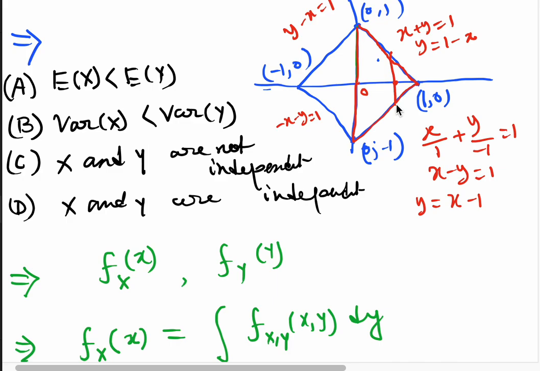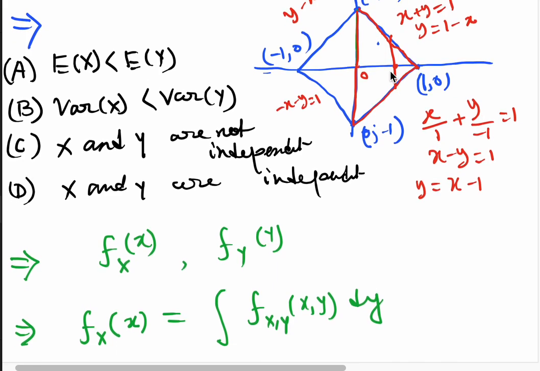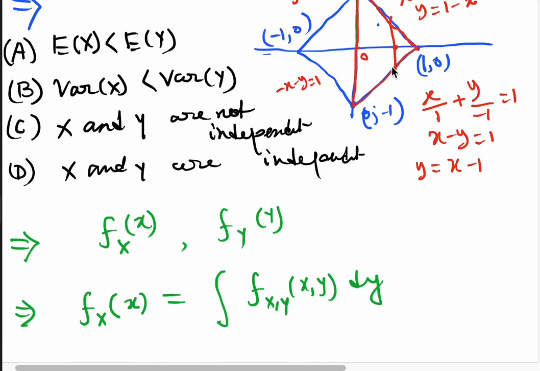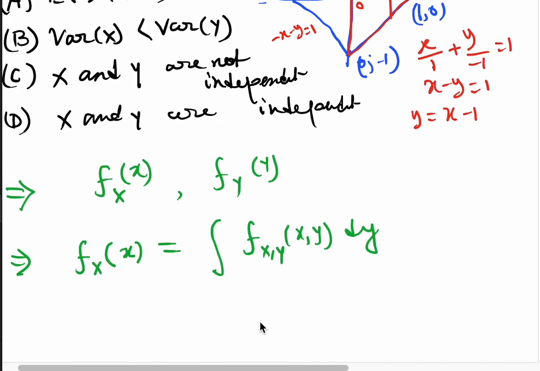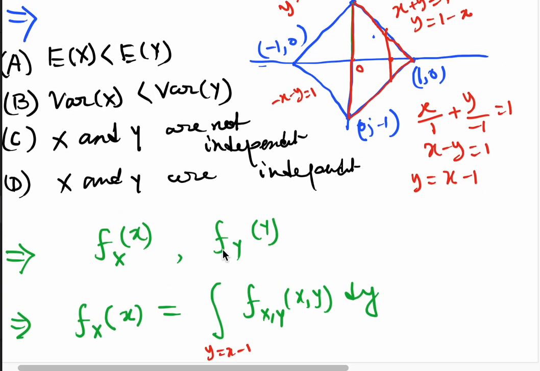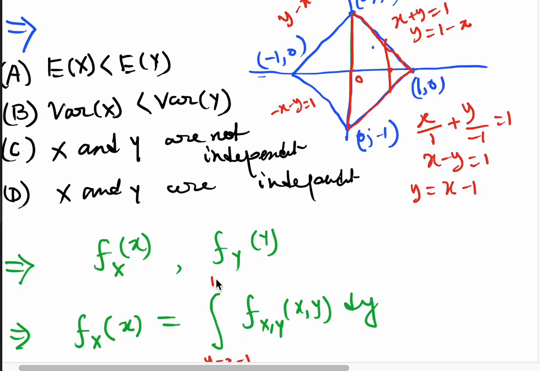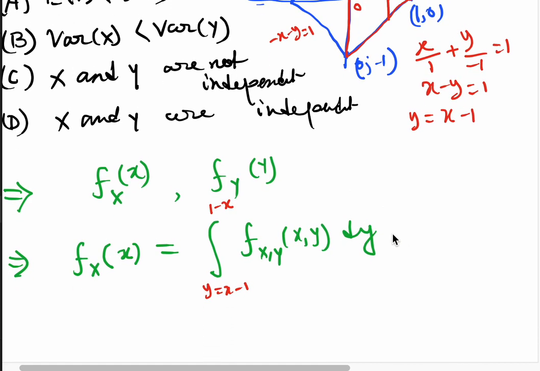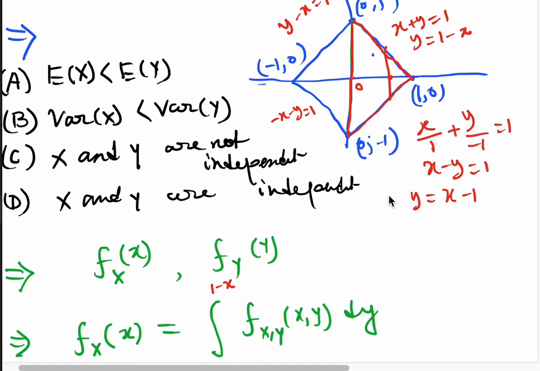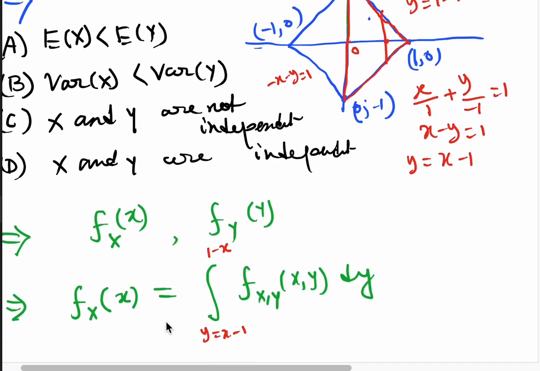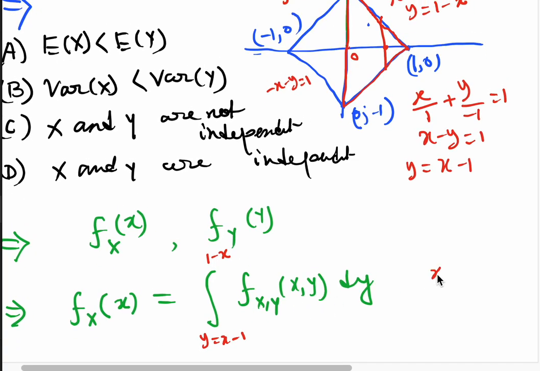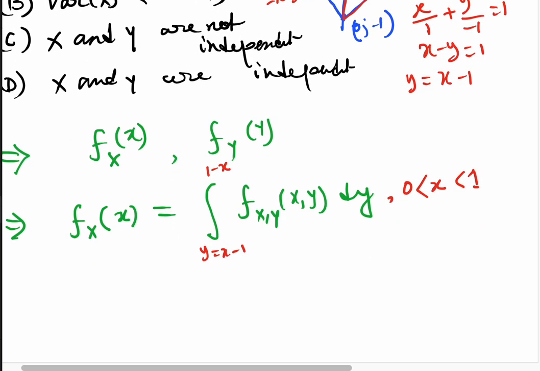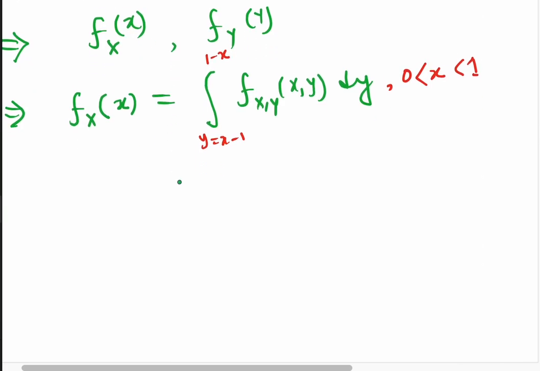So the possible values y can take for a given x are from x - 1 to 1 - x, and this is true for x belonging to 0 to 1. That's it. Now let's do the integration.